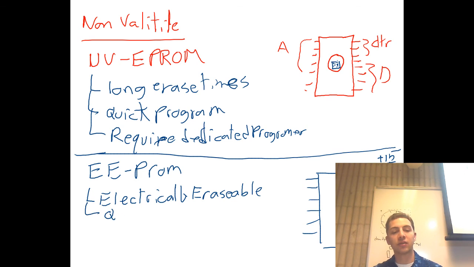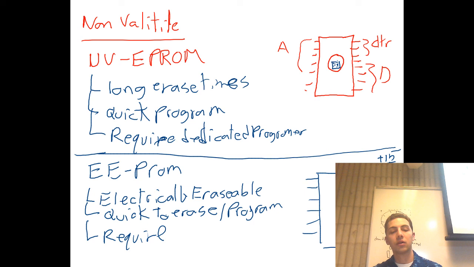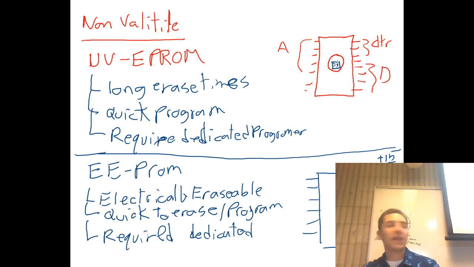So it was quick to erase, quick to program, but still required a dedicated programmer. And to make matters worse, you need a totally separate programmer to program EEPROM versus UVEPROM. And they were expensive back in the day.